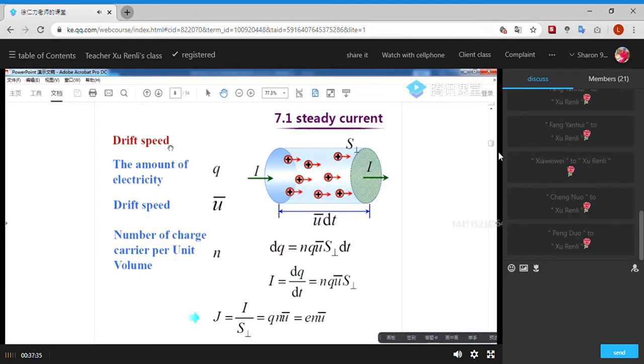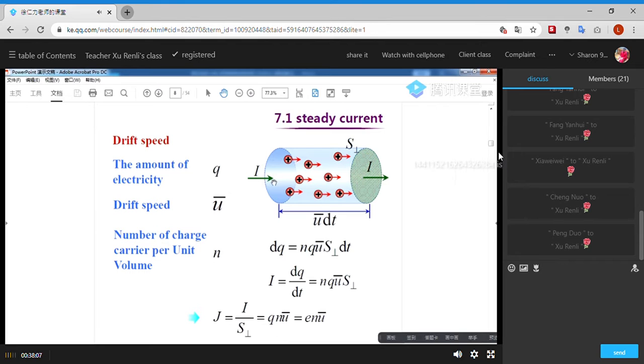Drift speed. Drift speed usually is very small. It is smaller than the thermal speed. The electron in the conductor has two parts of movement. One is drift speed by the voltage, by the electric field.